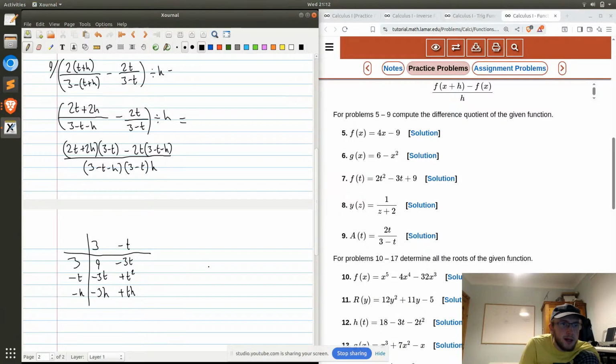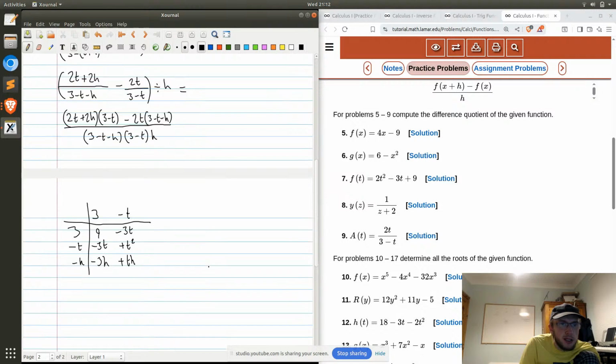All right, okay, and then all of that is multiplied by h. And somehow this is going to simplify, I think not.